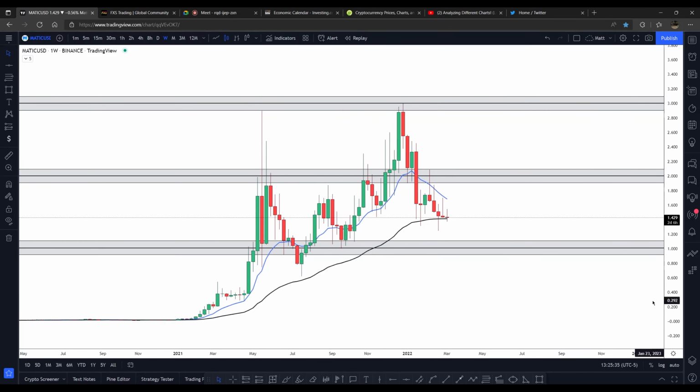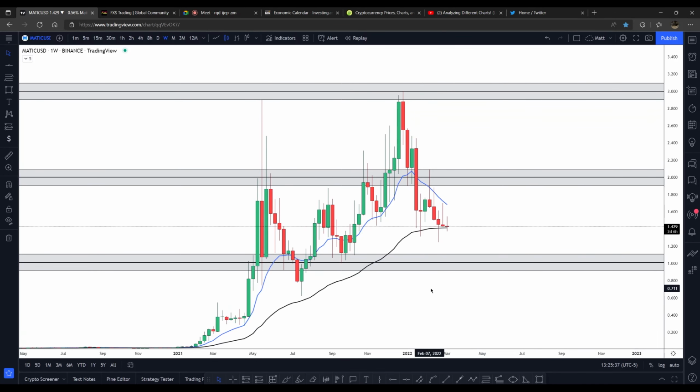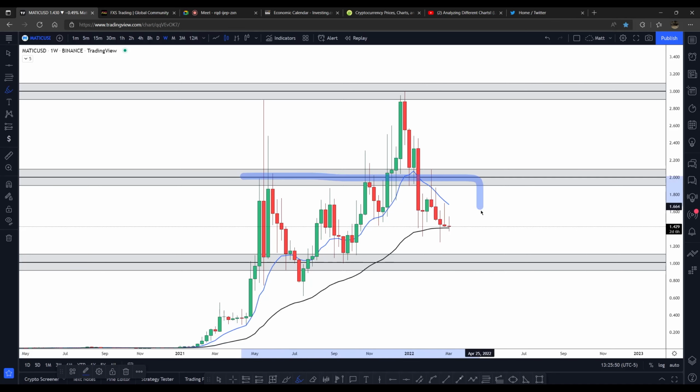So if you're looking at this in terms of understanding the overall market structure, the distance between this weekly zone, more or less, and this weekly zone, so we have one down here at around $1, the next one's at around $2, represents a price range, right? And then this represents a price range, right?